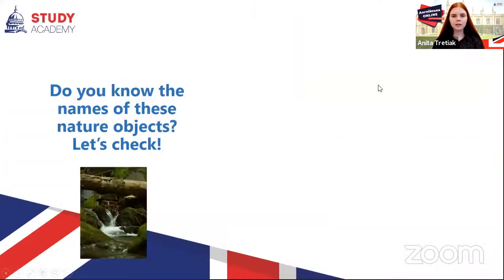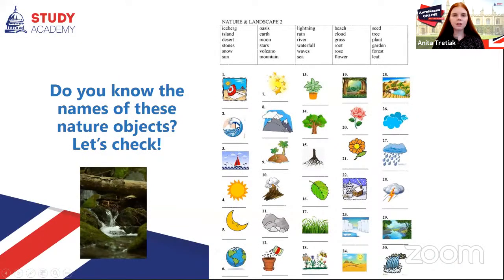And here is the next thing that we're doing today. Here are some nature objects. You can see the words in the box.